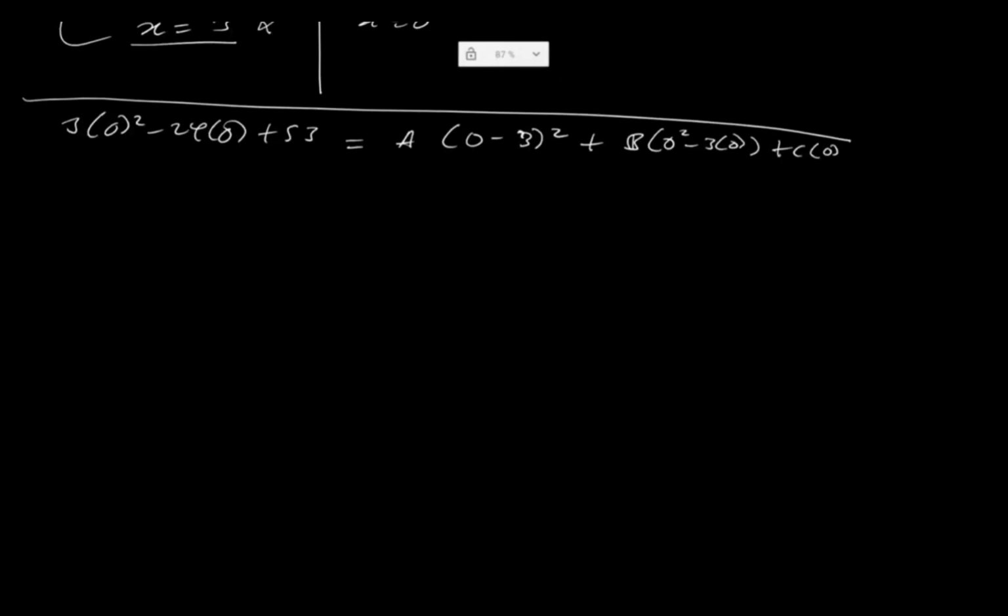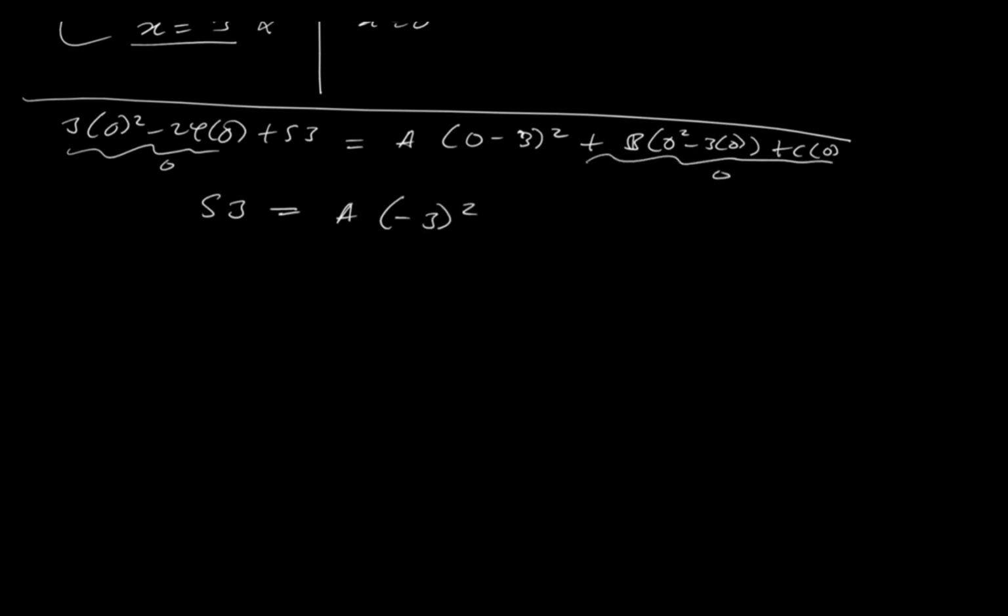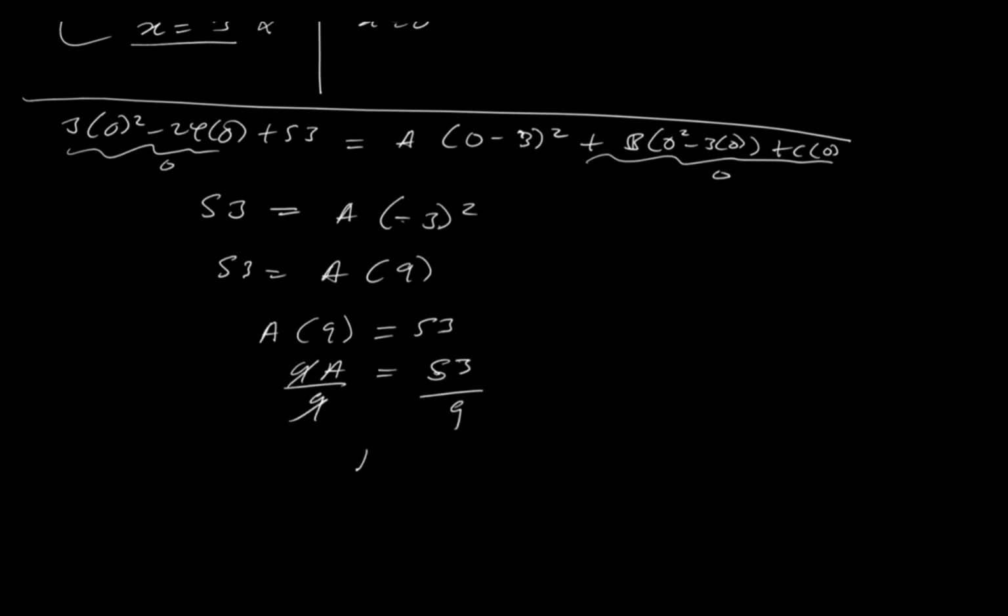Alright, so this part will give us a 0, but here we have 53 being equal to a times negative 3 squared. We get a 0 this side. So you get 53 is equal to a times negative 3 squared, which gives you 9. So you have 9a is equal to 53. Divide both sides by 9. a is equal to 53 over what? 9. I've solved for a. Wonderful.